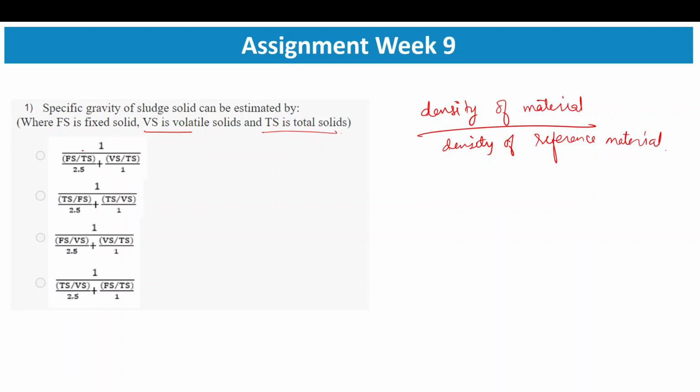The fixed solid usually has a specific gravity of 2.5. Since the fraction of fixed solid out of total solid is Fs by Ts, the contribution of the fixed solid will be Fs by Ts divided by 2.5. Similarly for Vs, it is Vs by Ts divided by 1, since volatile solid is all considered as 1. So the specific gravity is 1 divided by this entire term.